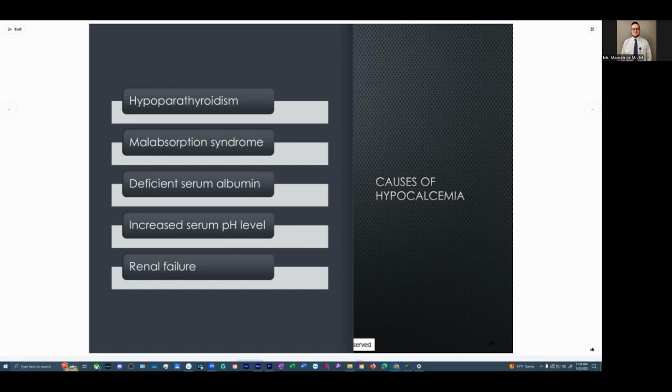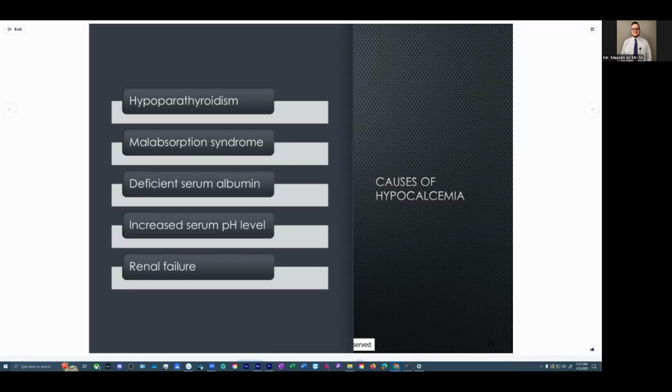Again, malabsorption and renal failure go hand in hand with calcium levels, keeping them higher, along with the PTH, because vitamin D is activated in the kidneys. And if the kidney function is not very good, there's limited vitamin D activation, and that tends to mess with the calcium conversion into the bloodstream.